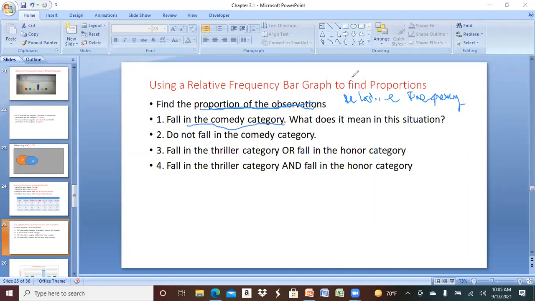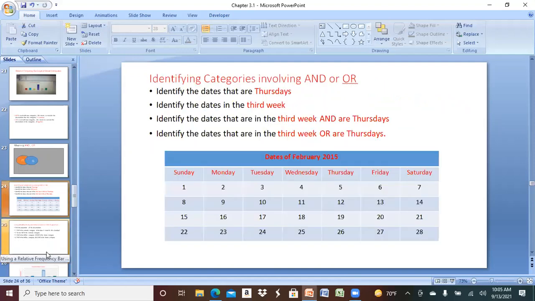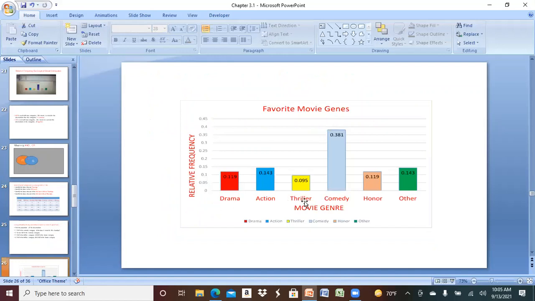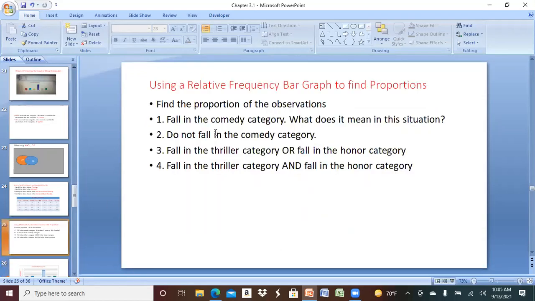You look at this and see the comedy: you had 0.381, right? That is the proportion. The proportion is 38.1%.